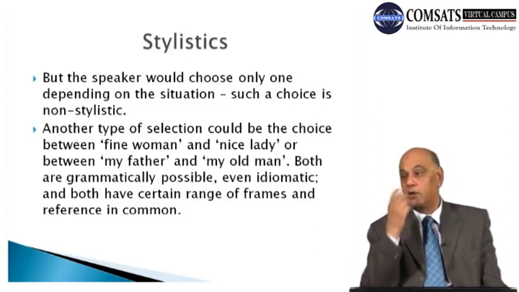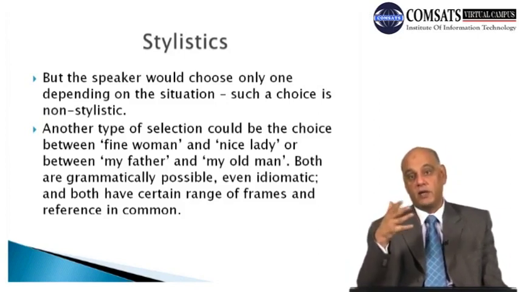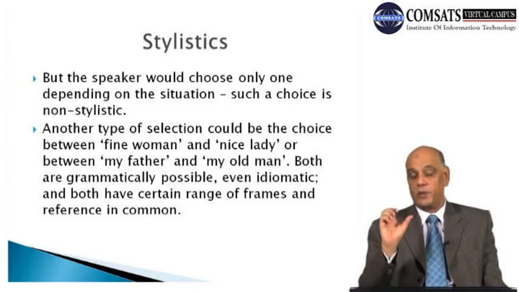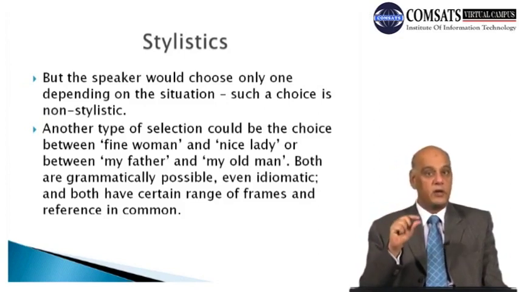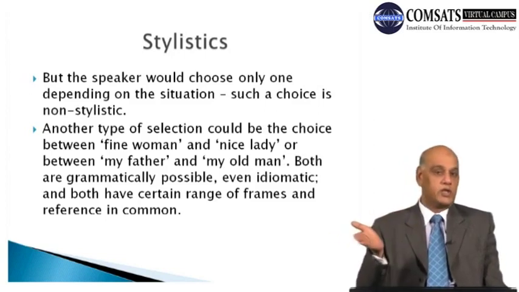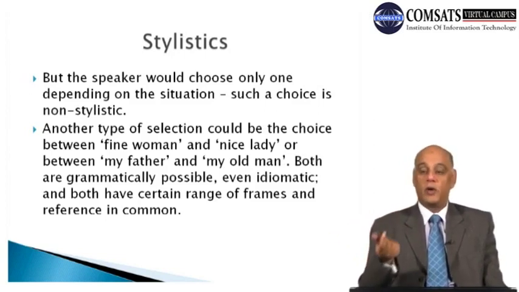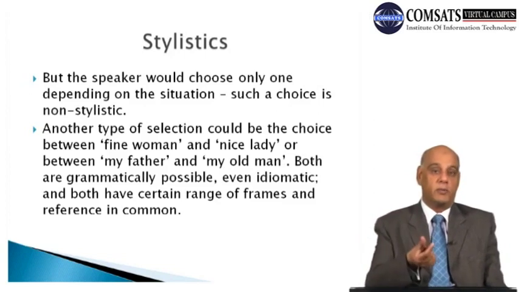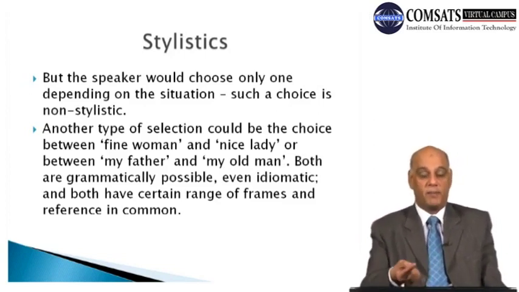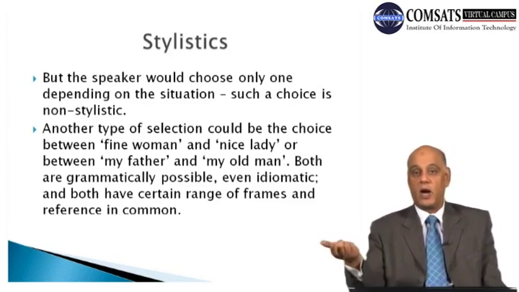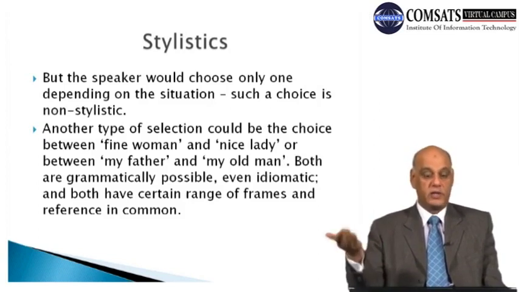So he would choose according to the situation, whatever the speaker means, whether the speaker wants to talk about the love of the father or the love of the mother. He would choose only one. But there is no chance of using a word which doesn't denote a human being, like "to eat." We just saw the example. "To eat loves a child" would be a meaningless sentence.